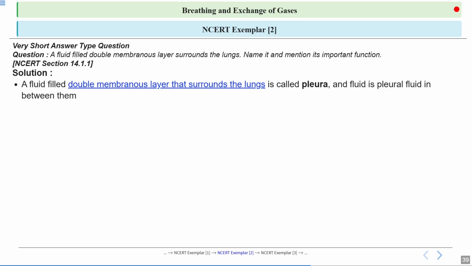Not only this, your brain has meninges, three layers, very good. The outer covering of the brain, and between the meninges there is cerebrospinal fluid, right?